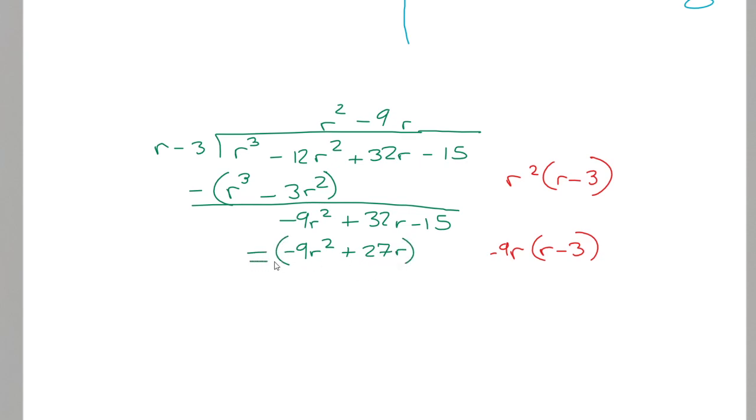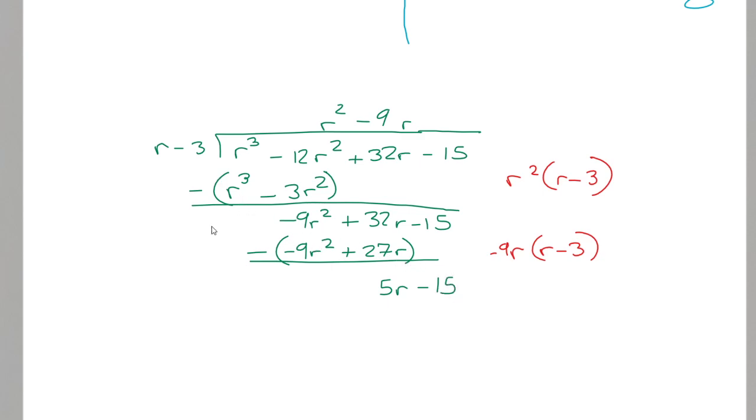We're going to subtract negative 9r squared minus negative 9r squared, so the double negative. We're going to be adding, so negative 9r squared plus 9r squared gives us 0. 32r minus 27r is going to give us 5r, and then bring down the rest.